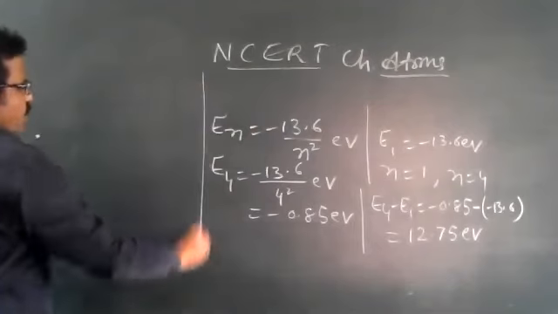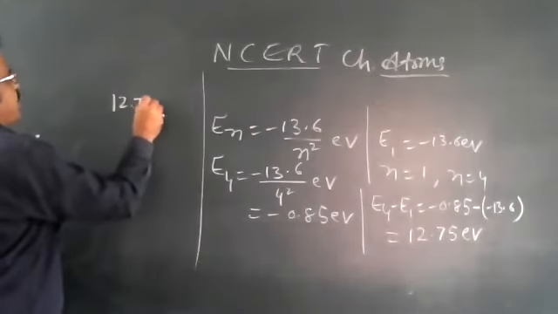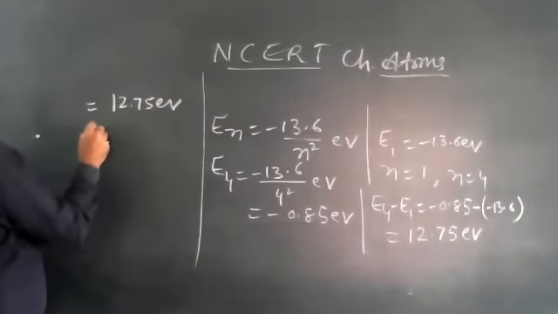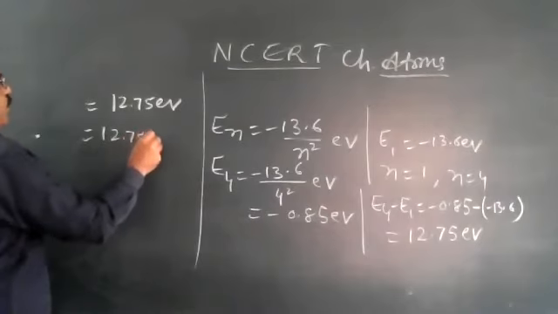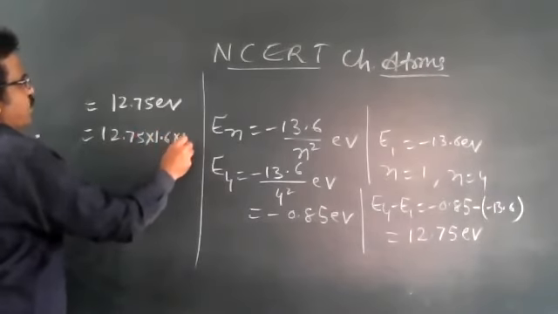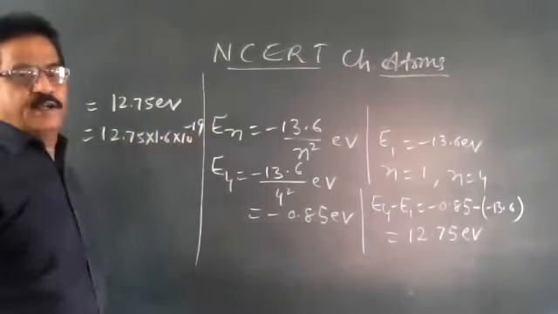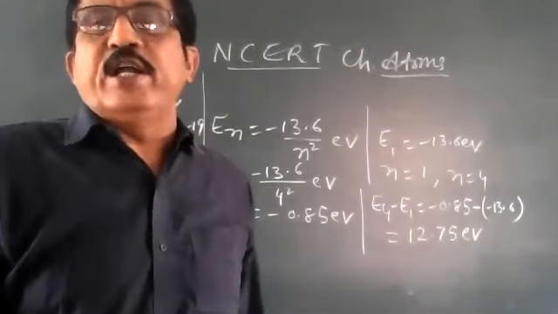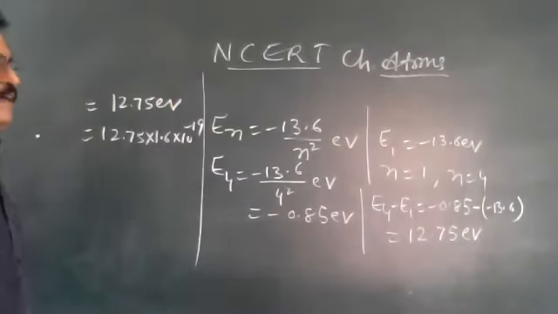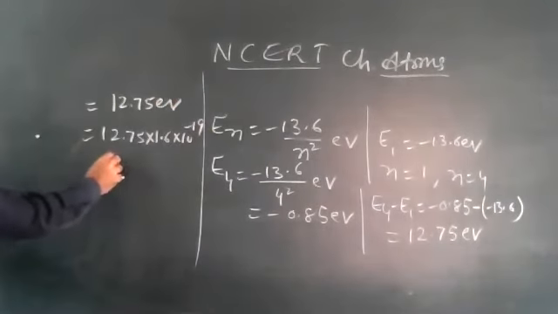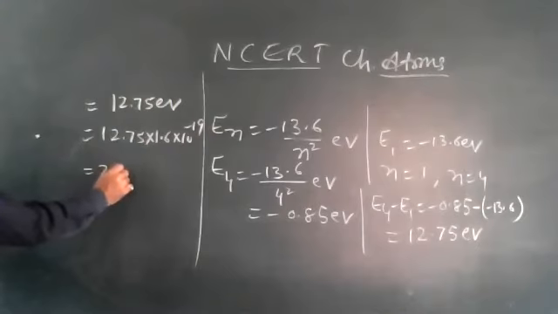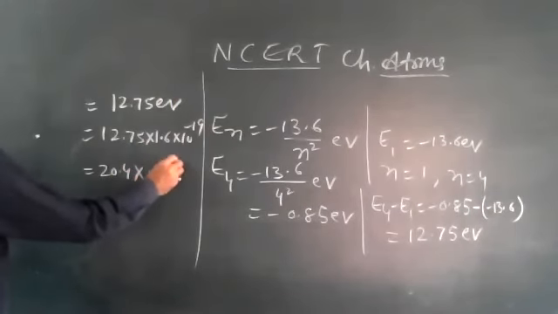Convert into joule. 12.75 eV is equal to 12.75 into 1.6 into 10 to the power minus 19. So multiply it, you will get 20.4 into 10 to the power minus 19 joule.